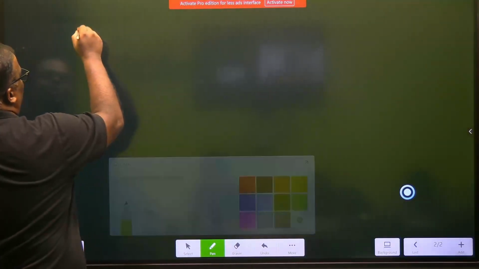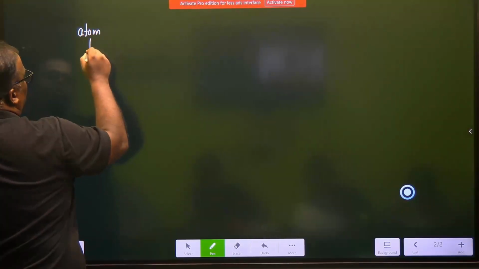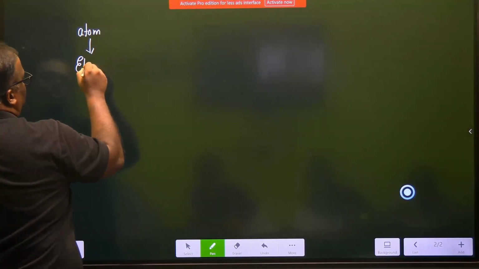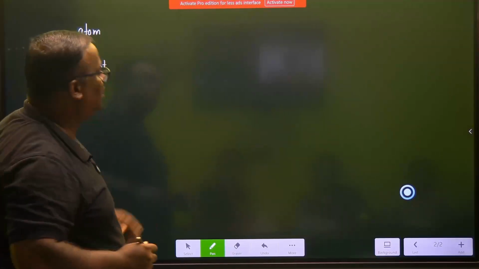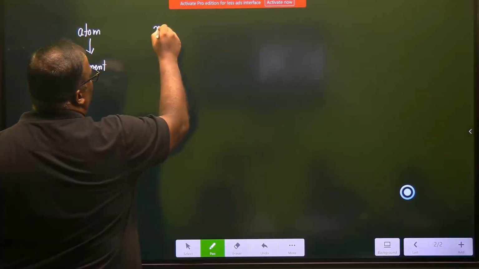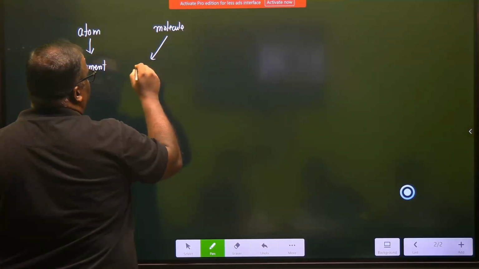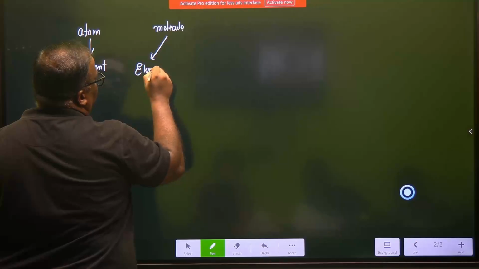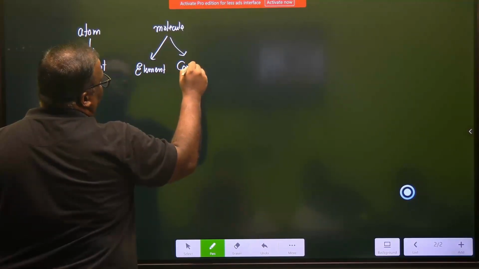Look, this fellow is an atom. This fellow is an atom. He can contribute only in element, pure form. This fellow is a molecule. This fellow can represent an element, and can also represent a compound.